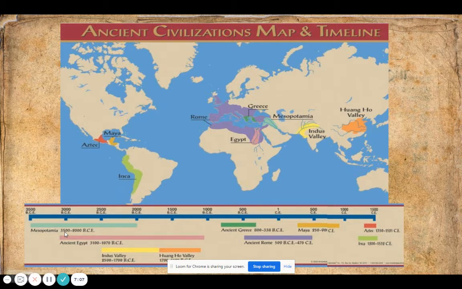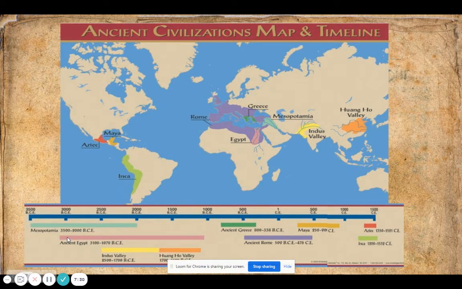So if we add 3500 BCE to the fact that it's 2021 this year, AD or CE, we'd have to add 2021 years to 3,500 years to say that Mesopotamia was that long ago. So if we look on that timeline, you can see that it was the earliest river valley civilization.